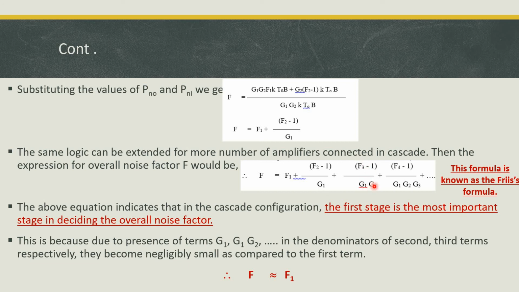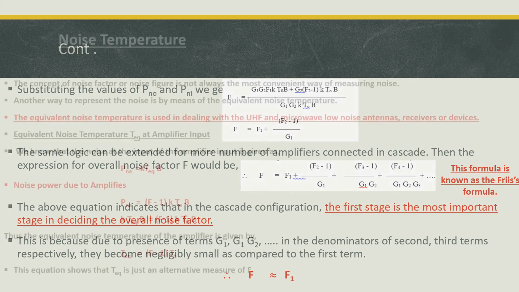So if you keep on increasing the division factor, the domination of noise due to that particular amplifier will reduce. That's why approximately F is approximately equal to F1. So then we have to apply the input signal carefully by calculating signal to noise ratio at the input side. You have to maintain the maximum signal to noise ratio, then only the noise factor will be less.